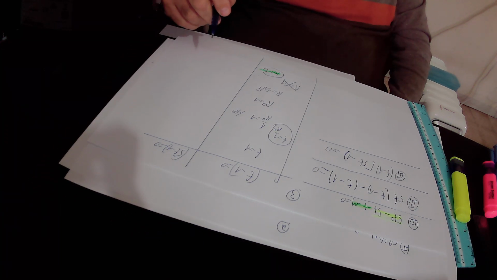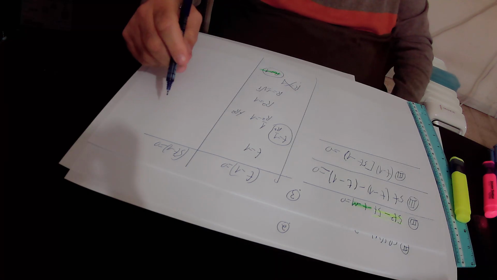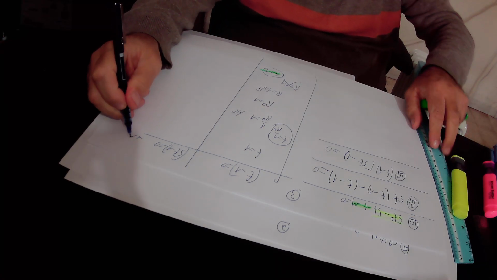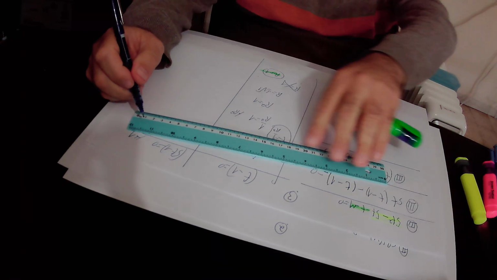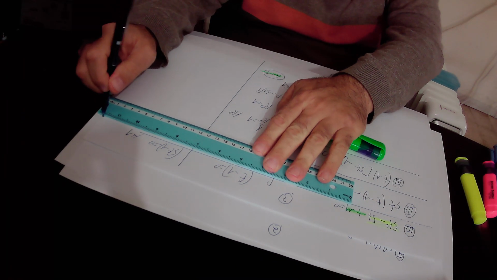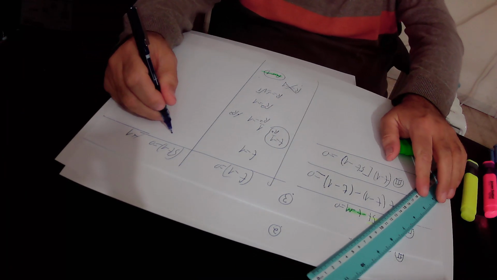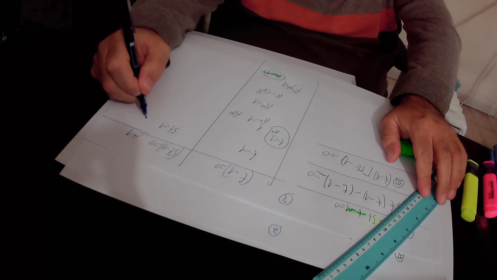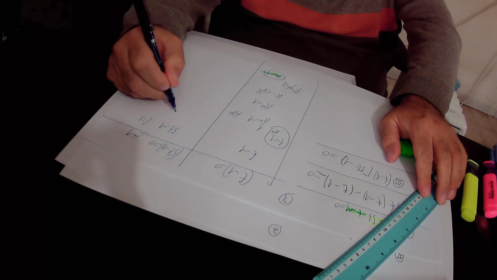So the other possibility is that 5t minus 1 equals 0. We'll add 1 to this equation, and we'll get that 5t equals 1. We divide this equation by 5, and we get that t equals 1/5.